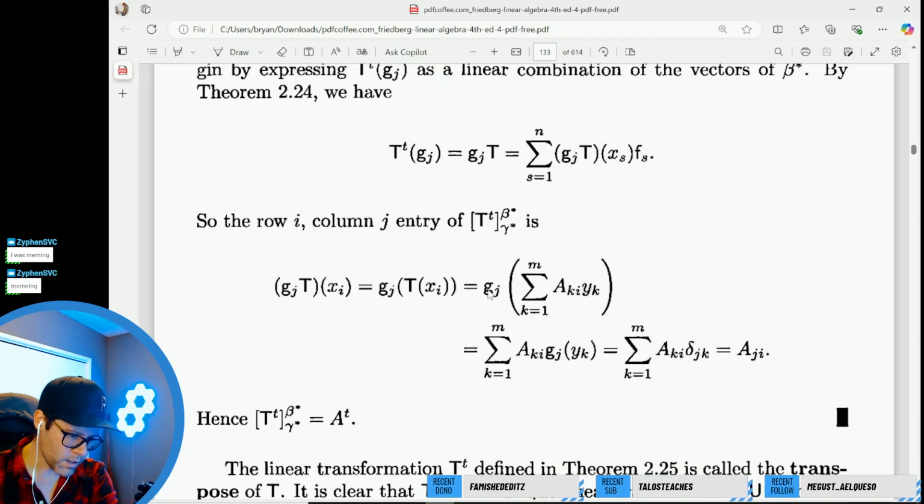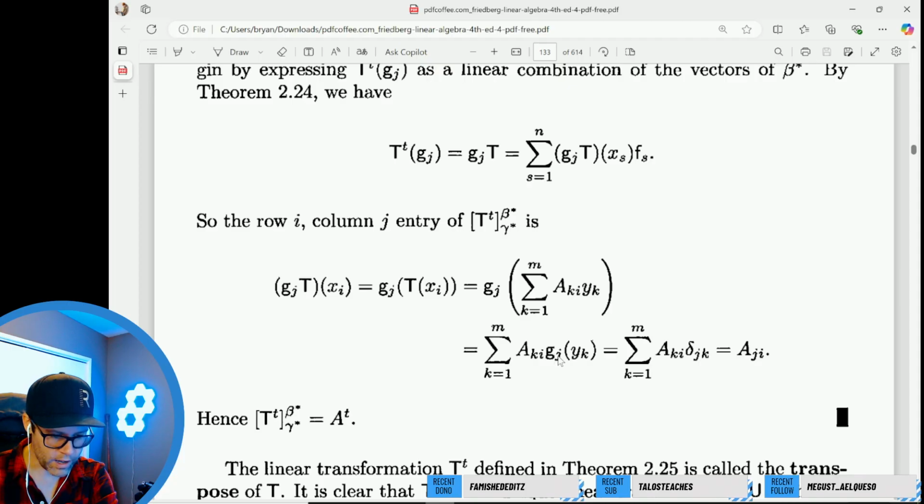It's not dependent on GJ, so they're going to bring GJ through. Oh, no, actually, they're factoring out these coefficients, right? So the AKI, those are coefficients inside of the matrix. Since GJ is a linear function, we can factor the AKI out and just focus on taking GJ evaluated at YK.